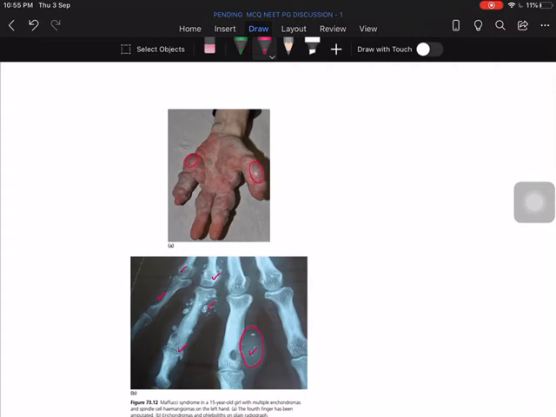So multiple enchondromas associated with hemangiomas is Maffucci syndrome. If you do not have hemangioma, then it is Ollier disease.